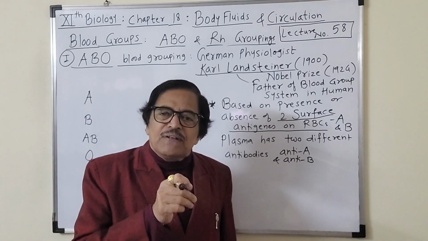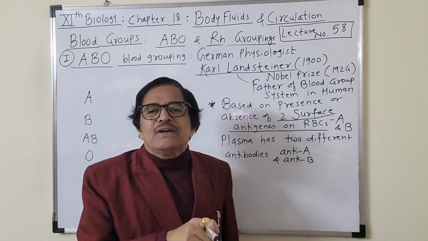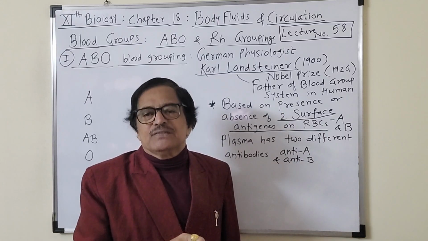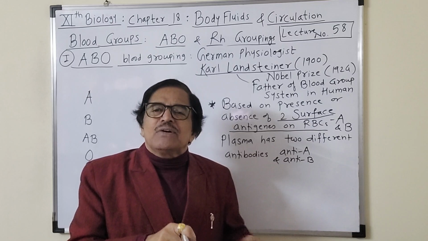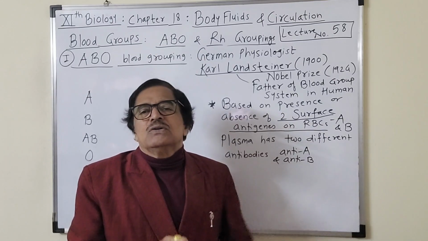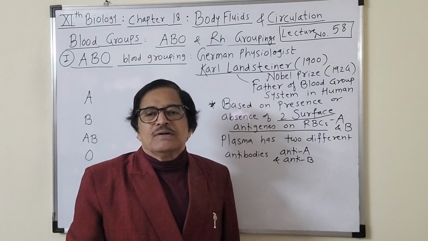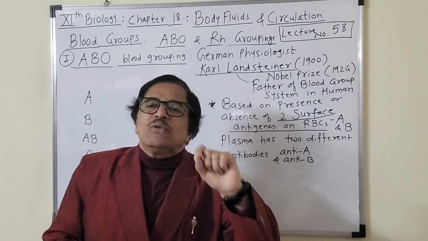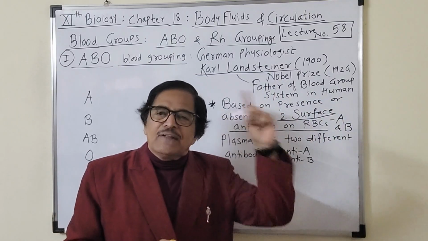So on the surface of that, there are some specific antigens. They are called the surface antigens. Some may have A, some may have B, some may have no antigen. Some persons, I am saying. And whatever the thing in one RBC is, that will be there in all RBCs, because that is genetically controlled.